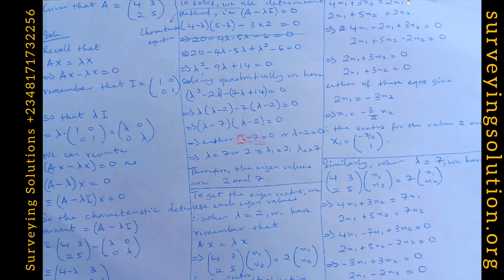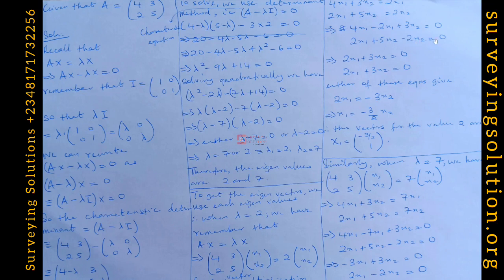So if we simplify further, we are going to bring this 2x1 to the left hand side, which means we are going to have 0 on the right hand side, right? So we have 4x1 minus 2x1. This minus 2x1 is this 2x1 that has come to the left hand side. Are we together? Then plus 3x2 equal to 0. Similarly, we have 2x1 plus 5x2 minus 2x2 equal to 0.